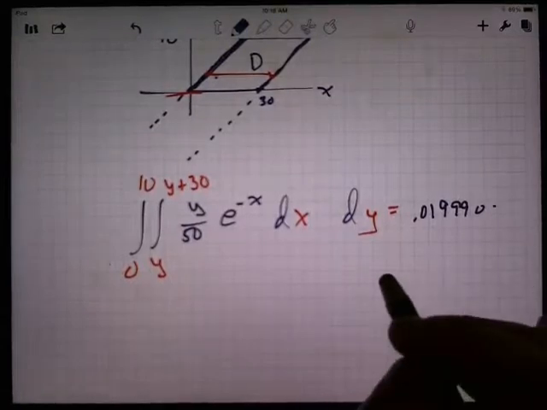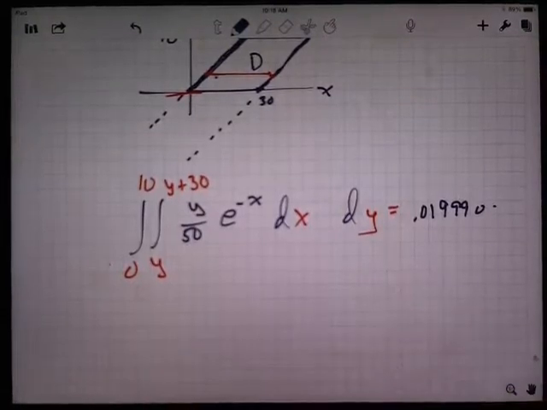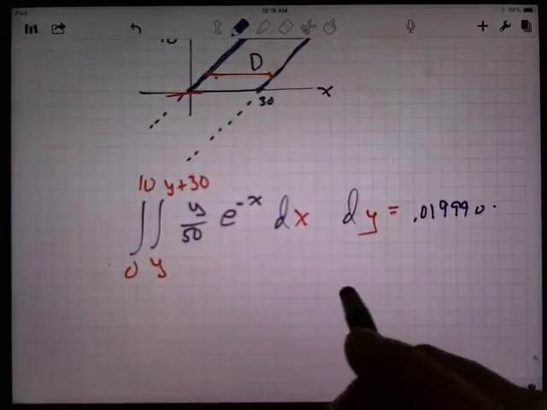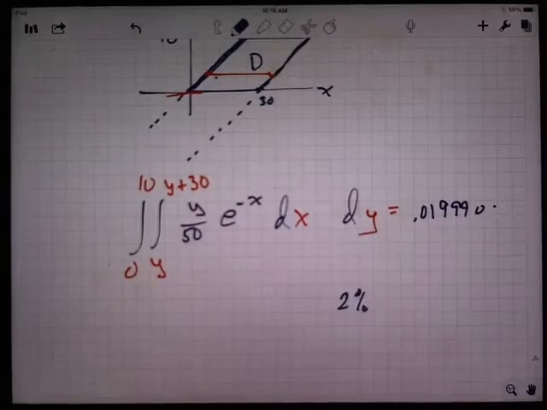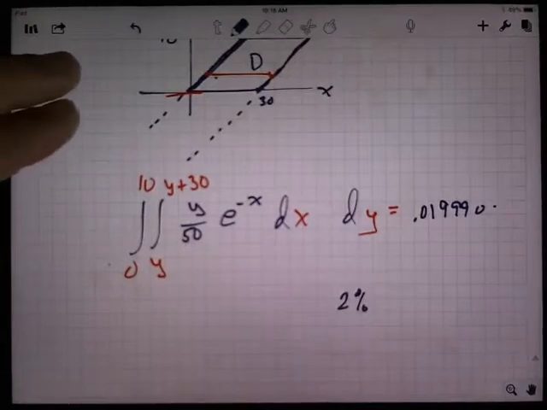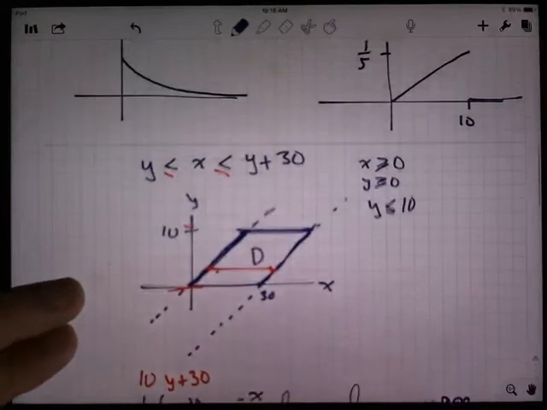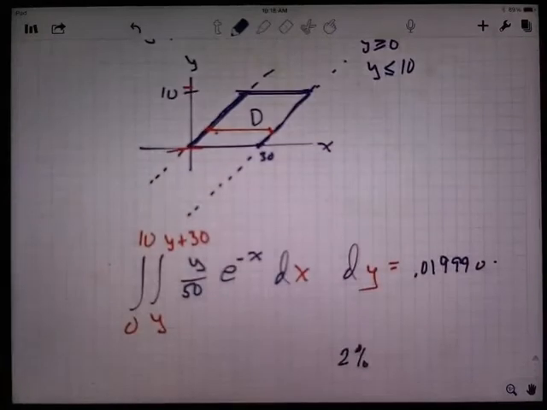So essentially, the chance of them meeting is about 2%. So much for meeting every day. They hardly ever will meet. But if we could get Xavier to stick around a little while, maybe it would happen. But that's the idea of a probability distribution function of two variables, and the way we calculate probabilities based on that.